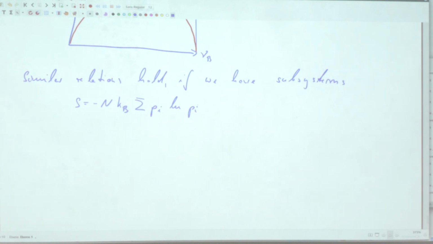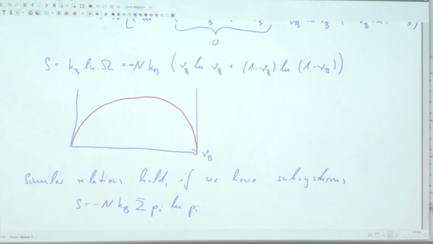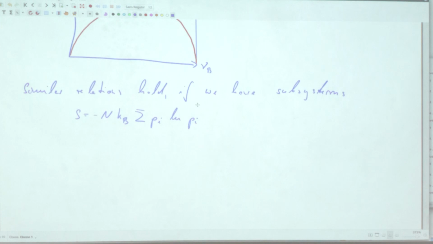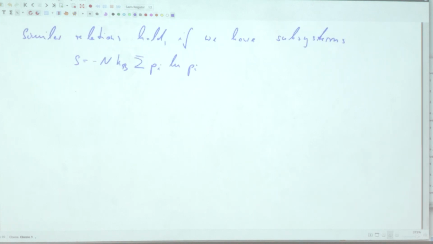So if we take the concentration here, this would be the probability that the atom is a B atom.